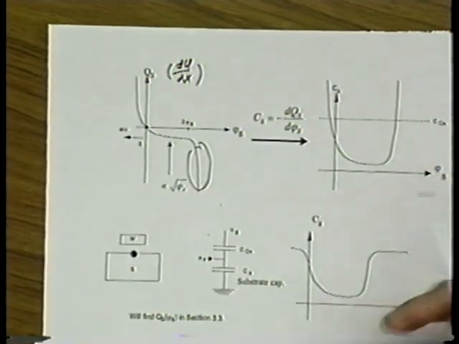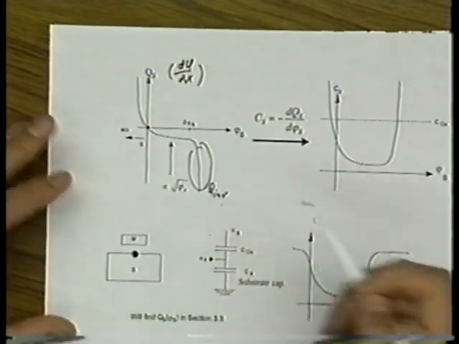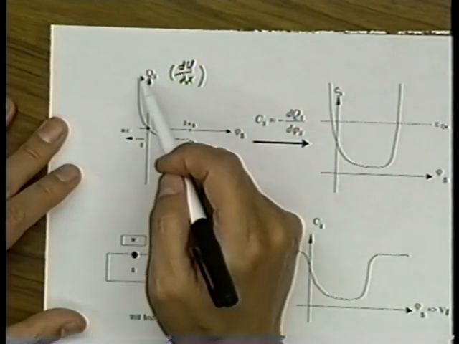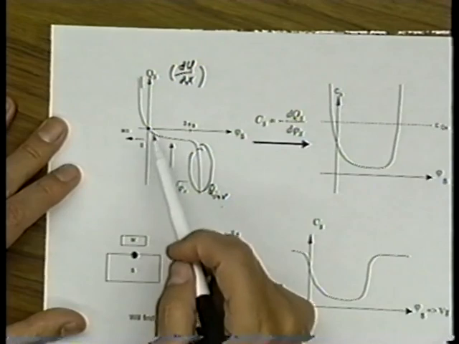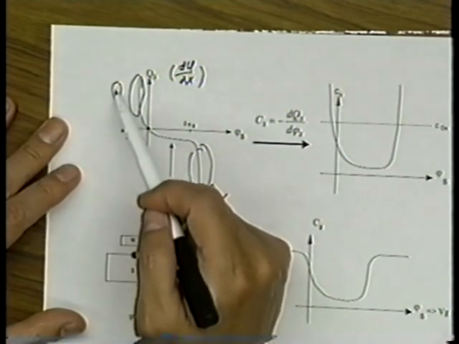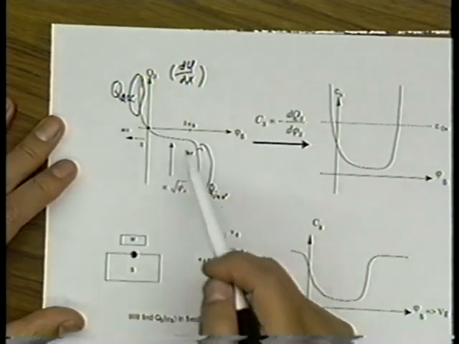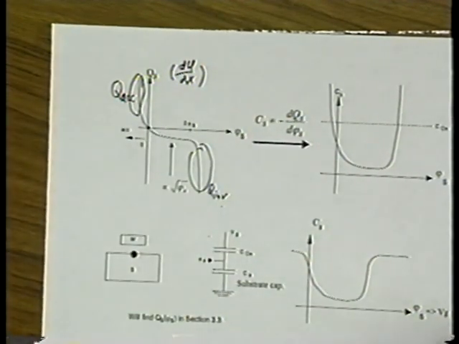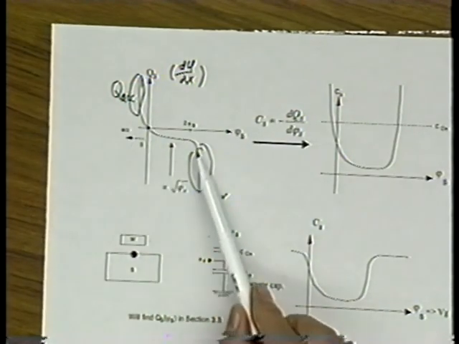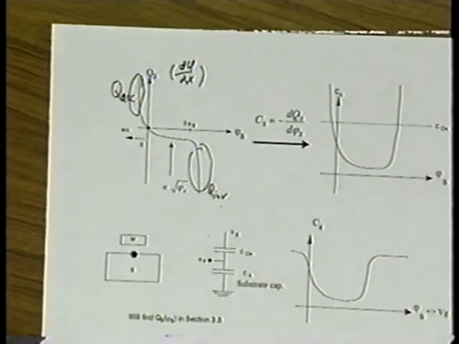We'll call that Q inversion probably. We have not, may not have introduced that notation. Maybe we have. And similarly, in the accumulation region, the substrate charge increases rapidly and mostly made of Q accumulation. All right. So this is also a good picture to keep in mind. And when we take the slope of this curve, we get the capacitance versus the potential curve. Is that right? It's okay?